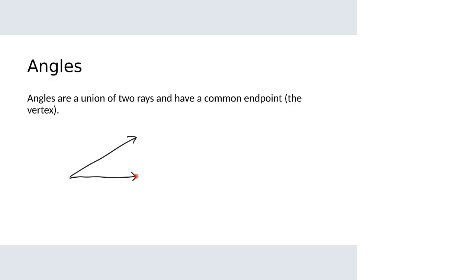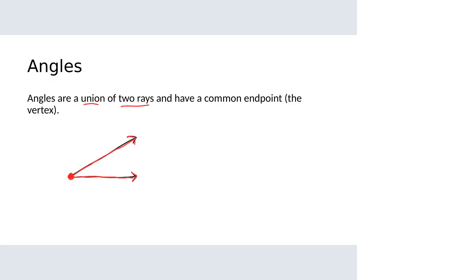But using the terminology that we've talked about today, we can see here that this is the union joining together two rays. So I have this ray and I have that ray. And when I join them together, I've created an angle. And it has a common endpoint right here. Those two rays have a common endpoint. They start at the same place.